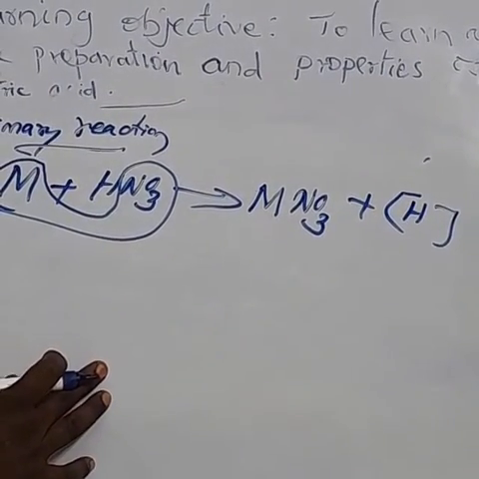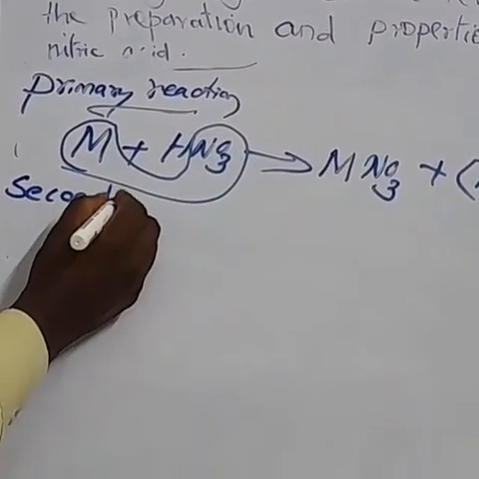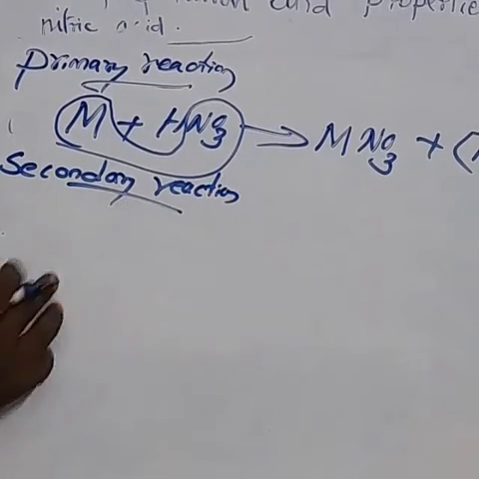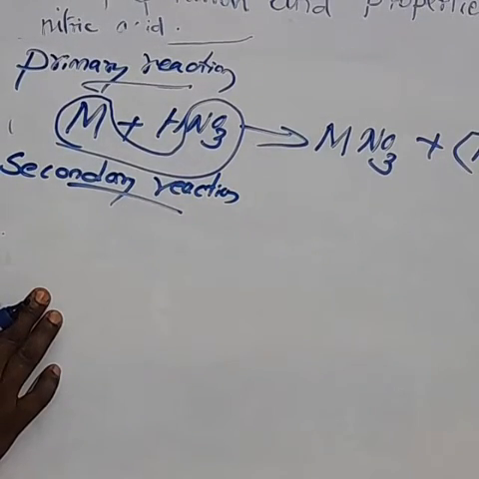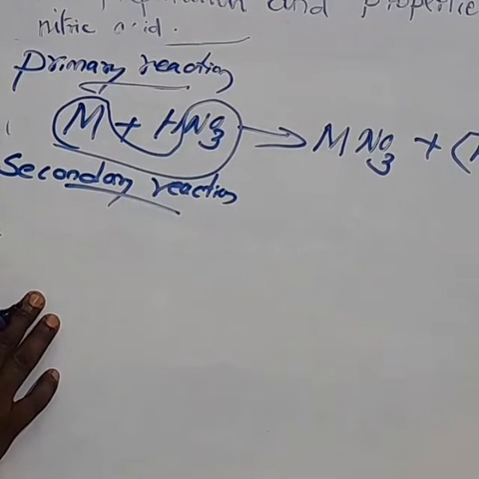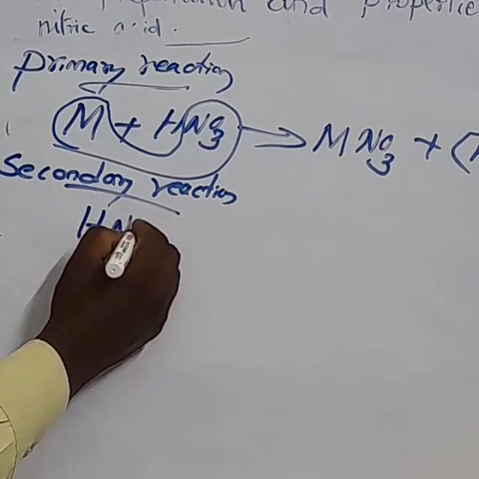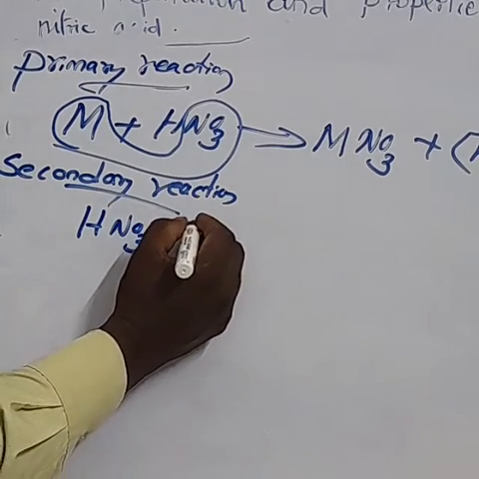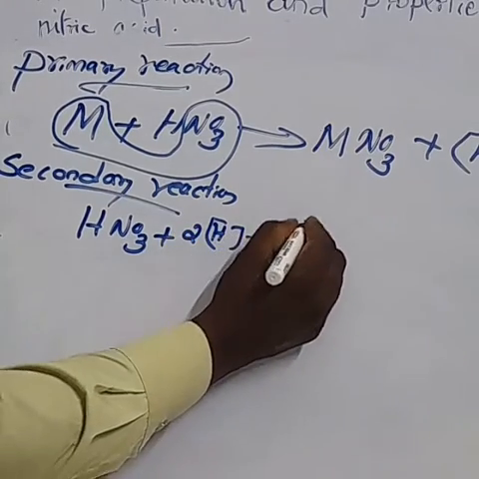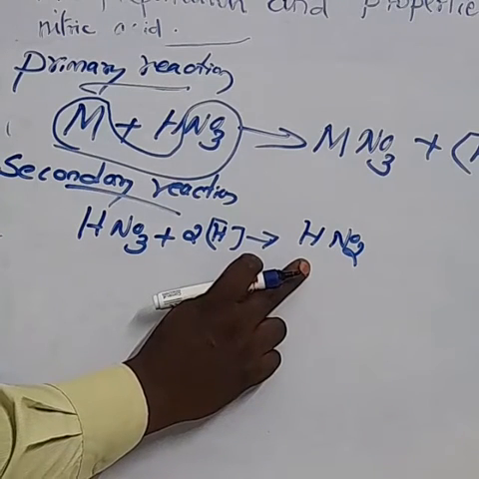Now the second one, the secondary reaction, where I think there are 4 or 5 equations. First, nitric acid reacts with 2 hydrogen atoms. We get HNO2. What is that? Nitrous acid.